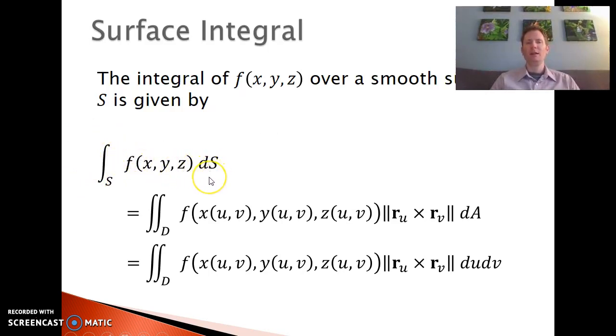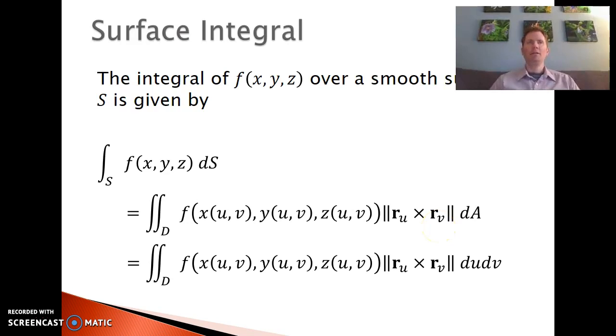If our surface S is still parameterized by some vector function r of u and v, then we can interpret the surface integral in this way. We would need to replace the values of x, y, and z with their parameterization equivalents, and we'd need to add in that extra factor for ds of the magnitude of the cross product of r sub u and r sub v.